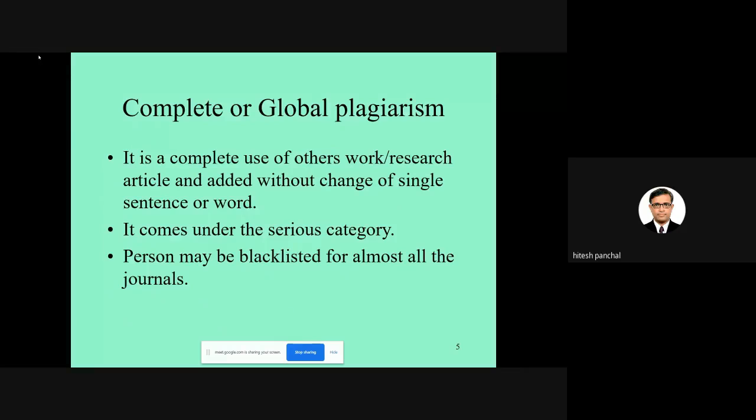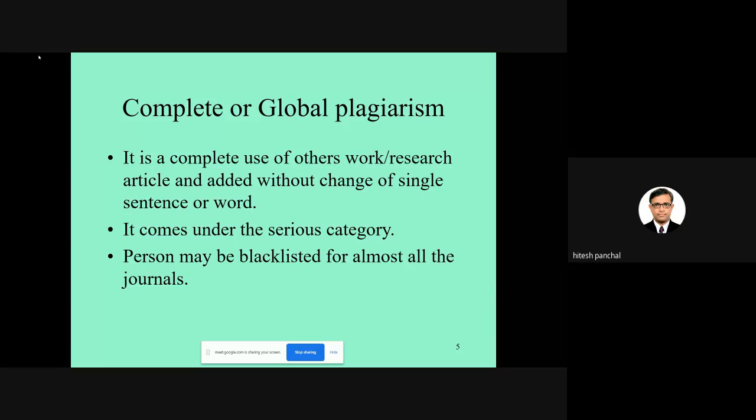First is complete or global plagiarism. So what is the meaning of complete or global plagiarism? Here I have written in a very simple manner that complete or global plagiarism means the complete use of another's work or research article, added without changing a single sentence or word.